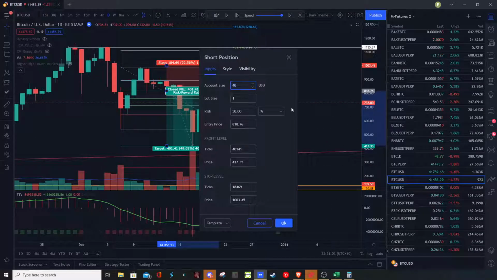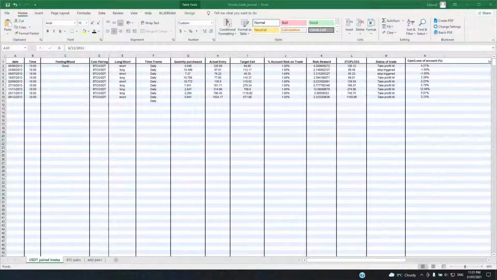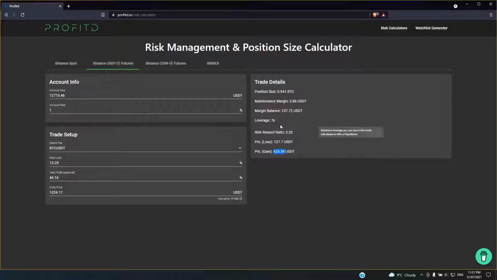Alright, so there's a decent stop loss on that one, 22.56. So yeah, and it's still enough to breathe.